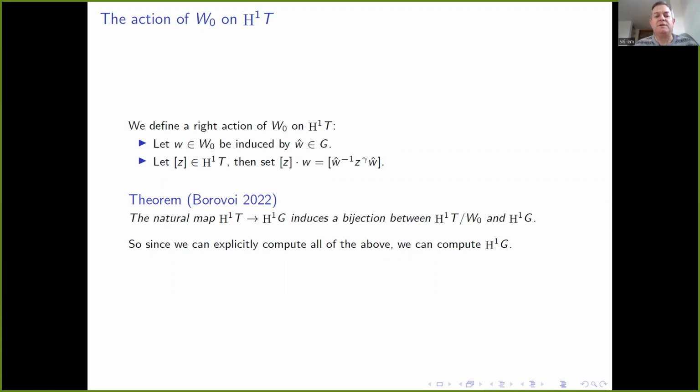That if you look at the natural map of the H1 of T into the H1 of G, because T is a subgroup of G, this induces a bijection between the orbit space, the orbits of H1 of T under W naught, and the H1 of G. Right, so what I do is we compute the H1 of T, we compute the action of W, we compute all orbits, and for each orbit we take one representative, and that's the H1 of G.